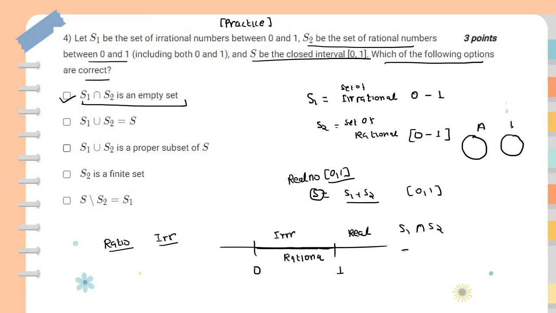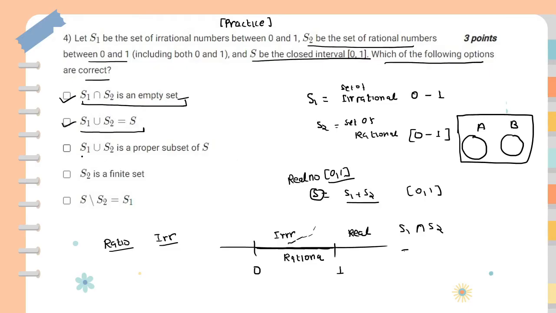So let us assume this is A and B, and A and B are mutually disjoint. That means neither shares area with the other, so the intersection will be nothing, and nothing means empty set. Okay, so S1 intersection S2 is an empty set, so that's true. S1 union S2 will be S, so S is basically the set of real numbers between 0 to 1. So from here we can conclude this point also.